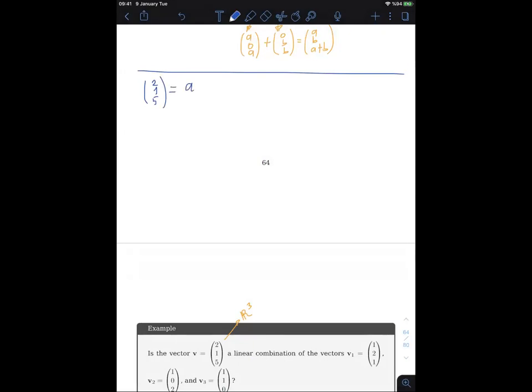Which means A times the first vector, 1, 2, 1, plus B times the second vector, 1, 0, 2, plus C times the third vector, 1, 1, 0. So the question is whether such A, B, C exist.